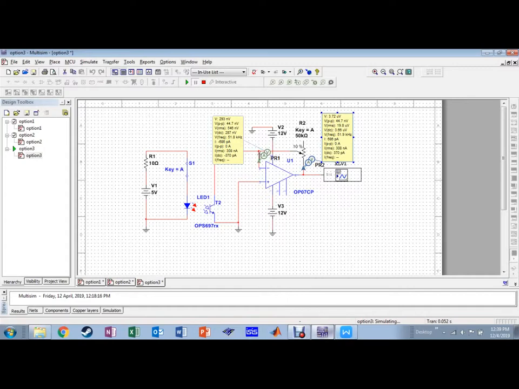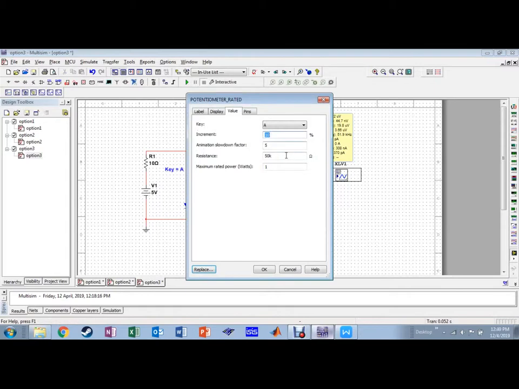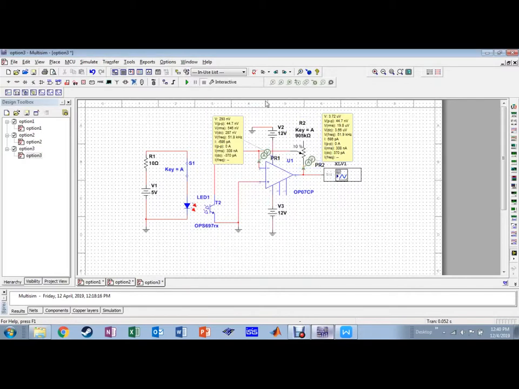Okay, let's try with another value. 905k. Run it. The value at point D remains the same. The value at point F will change. See, 62.4 microvolt. The current remains the same, 686 picoampere.